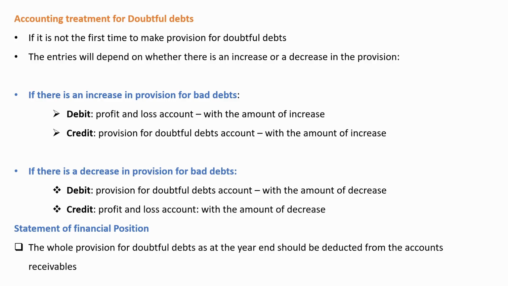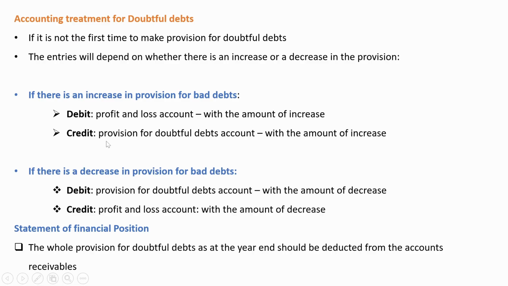This year the provision is 30,000. There is an increase of 10,000. So we are going to take that 10,000. We call it the increase in provision. So we are going to debit profit and loss account with the amount of increase.